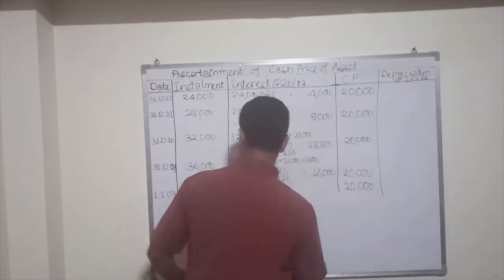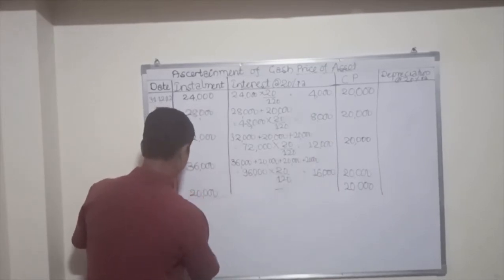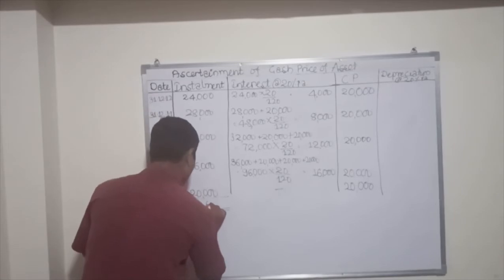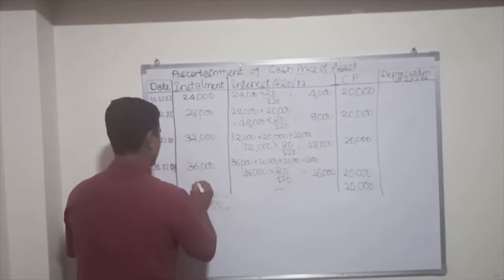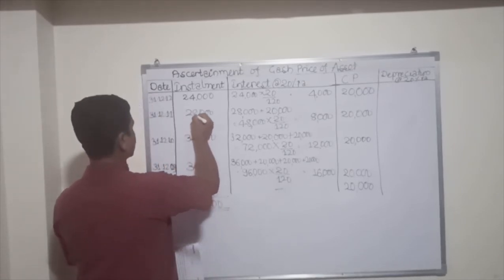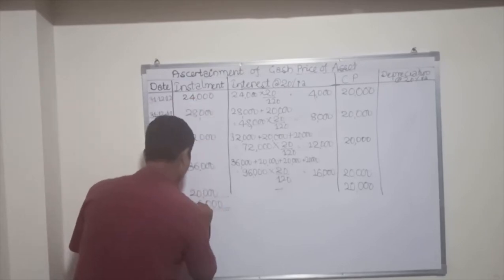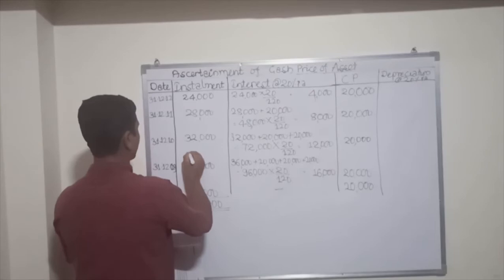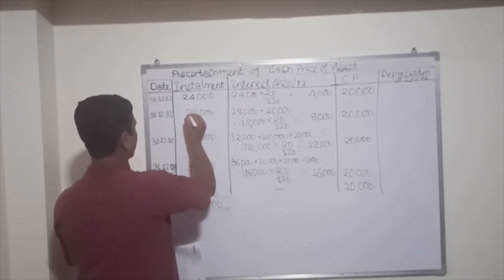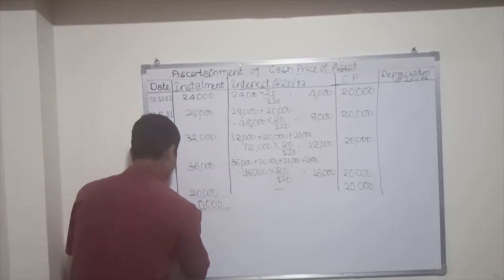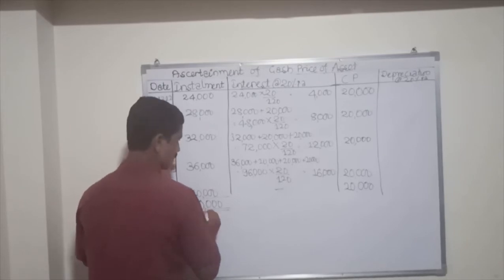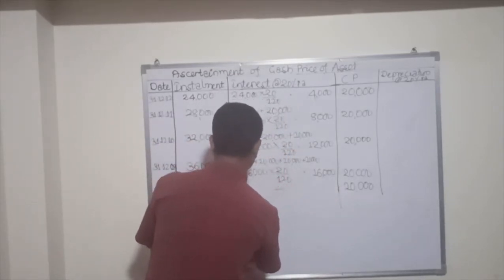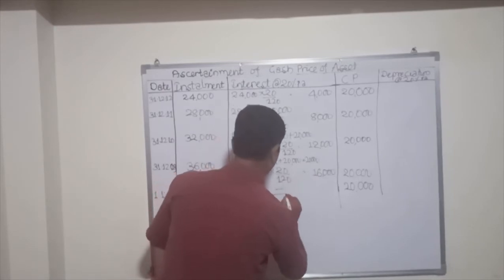Now let us take the total here. 6 plus 2 is 8, 8 plus 8 is 16, 16 plus 4 is 20, carry 2, 2 plus 2 is 4, 4 plus 3 is 7, 7 plus 3 is 10, 10 plus 2 is 12, 12 plus 2 is 14. So 1,40,000 here.